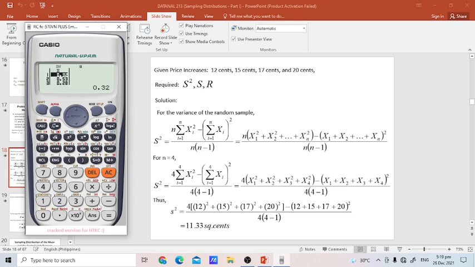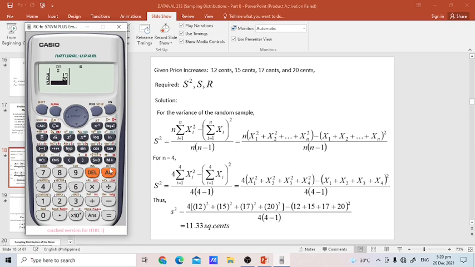So we have 12 cents, followed by 15 cents, followed by 17 cents, 20. Delete those there. So you have four observations.